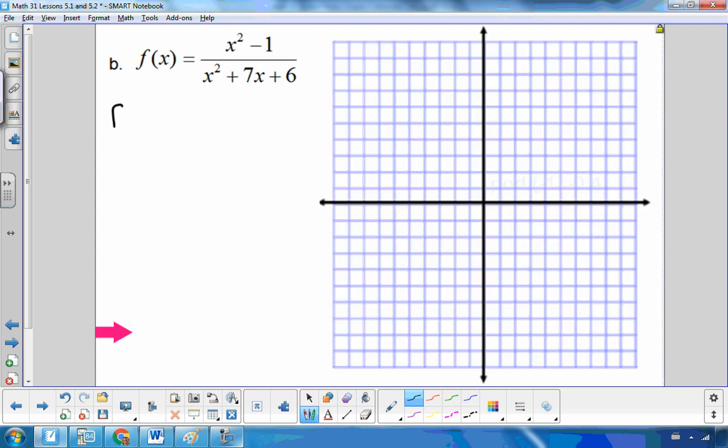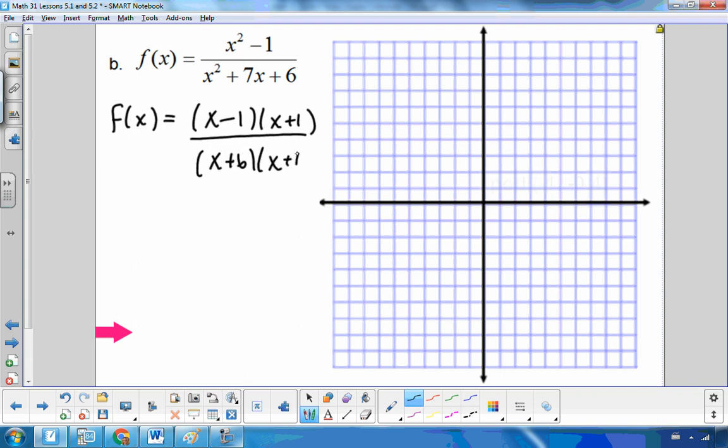So in this one here, factoring the numerator, difference of squares, and factoring the denominator. Okay, I see I have x plus 1 in the numerator and denominator. So I'm left with x minus 1 over x plus 6.